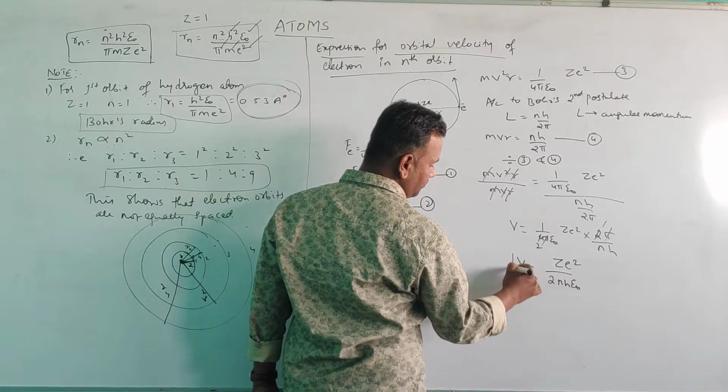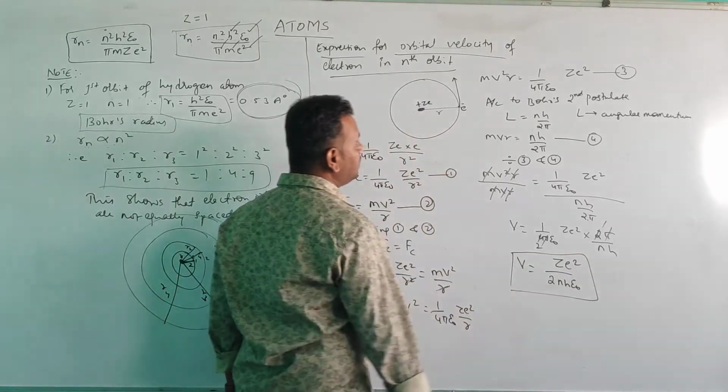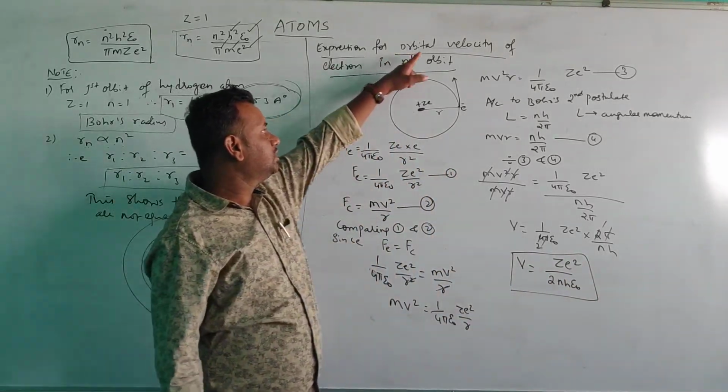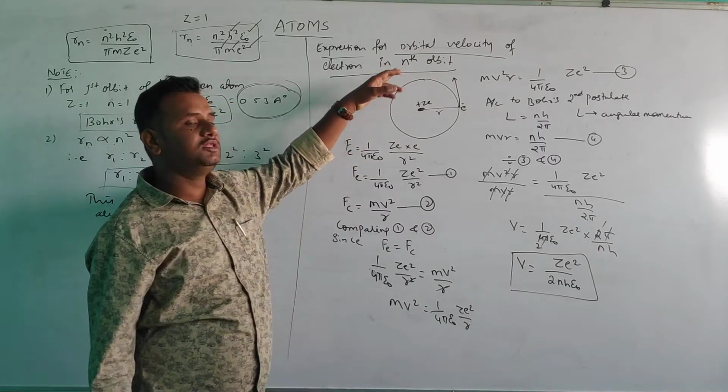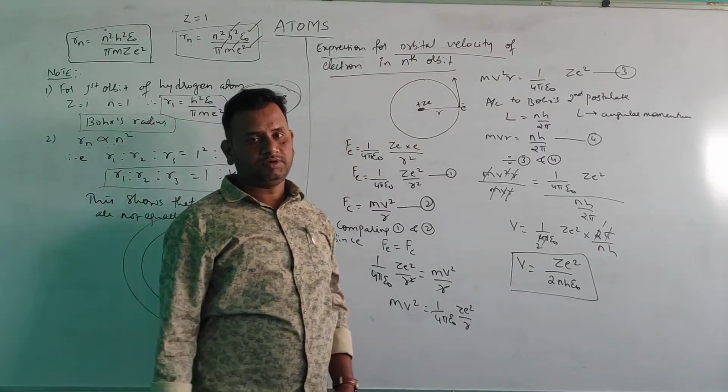This is the required expression for the orbital velocity of the electron in the nth orbit.